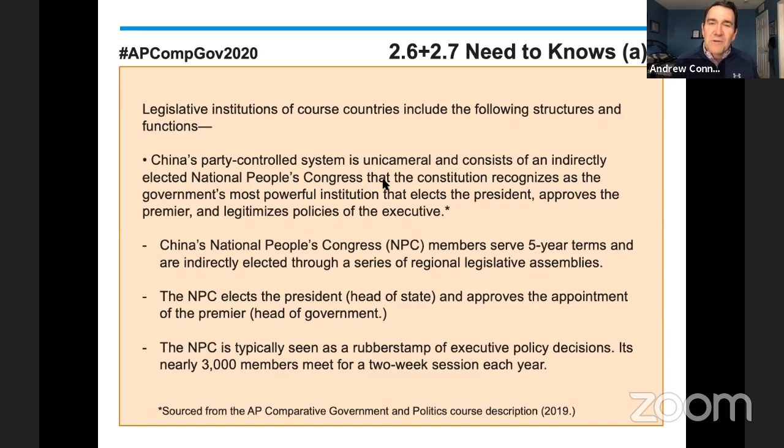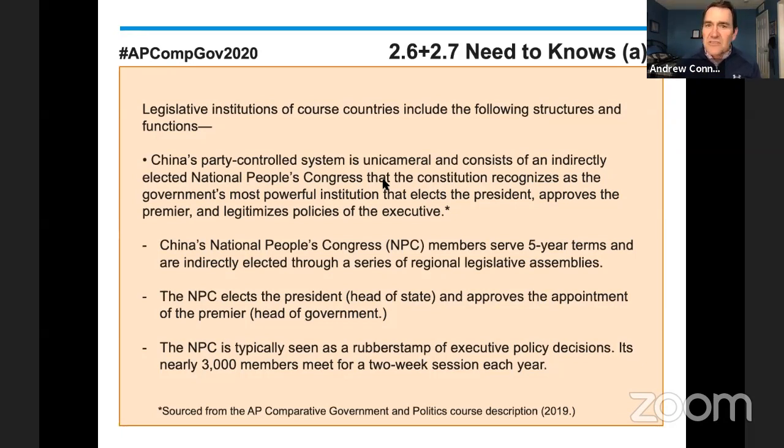On paper, the Constitution would want us to believe that this is the most powerful political institution. And yet we know that the Communist Party, and specifically the Politburo, are the real power centers of where decisions come from in China's national government.